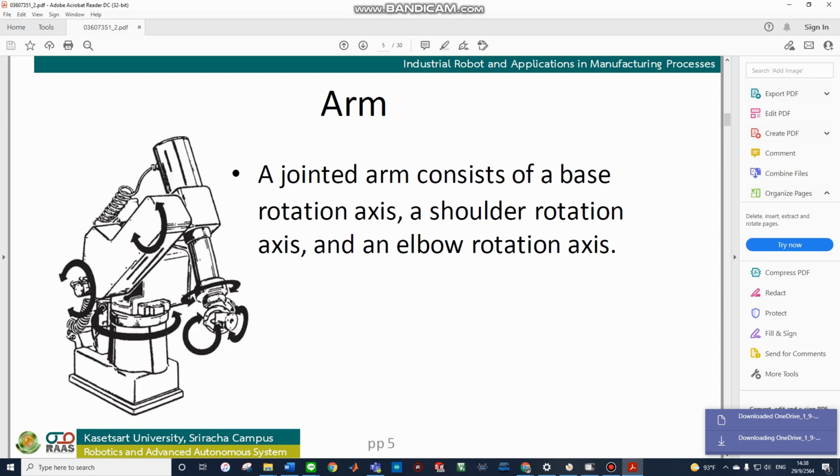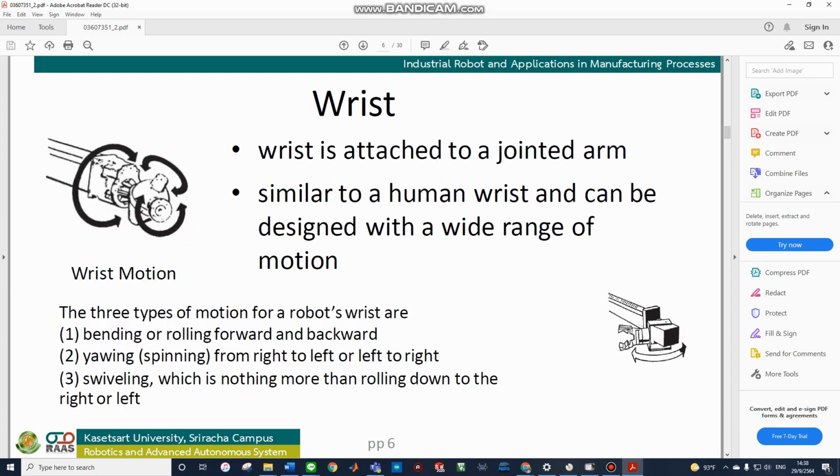Okay, the arm is a joint arm consisting of a base rotation axis, a shoulder rotation axis and an elbow rotation axis.